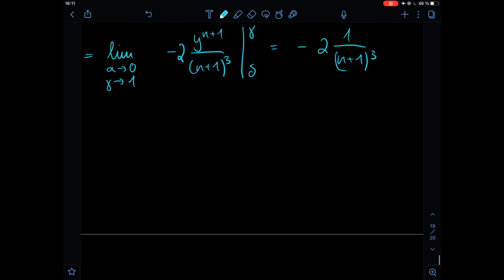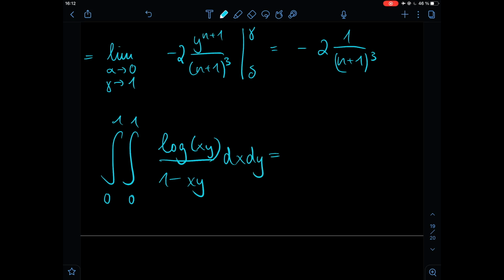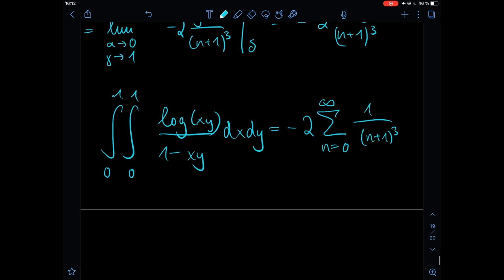So the final result is that the double integral from 0 to 1 of log xy divided by 1 minus xy dx dy is equal to minus 2 times the sum from n equals 0 up to infinity of 1 divided by n plus 1 to the power of 3.